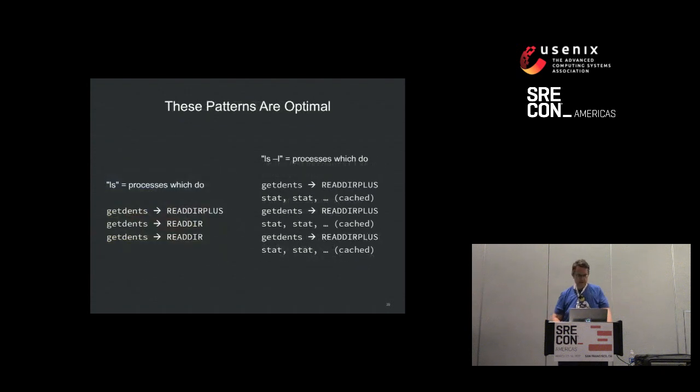So that gives us 2 optimal patterns, which are the things that all C programs do, which is you either do the ls model, which is getdents readdirplus, getdents readdir, or you do the ls -l, where you getdents readdirplus, and then a whole bunch of stat calls which come completely out of the client's cache and do no network traffic at all, and then you repeat that process.